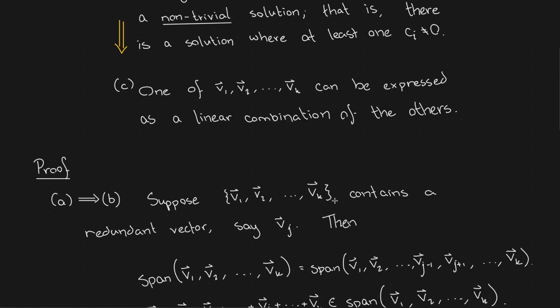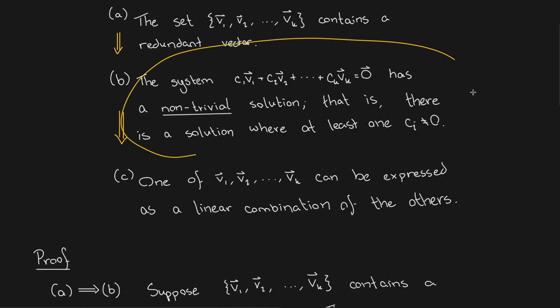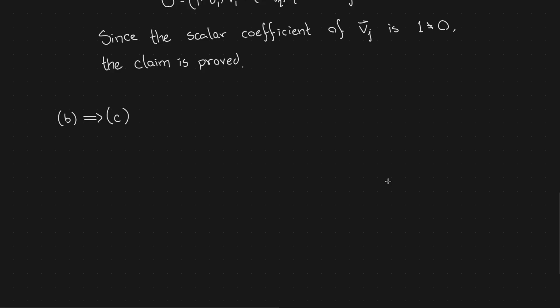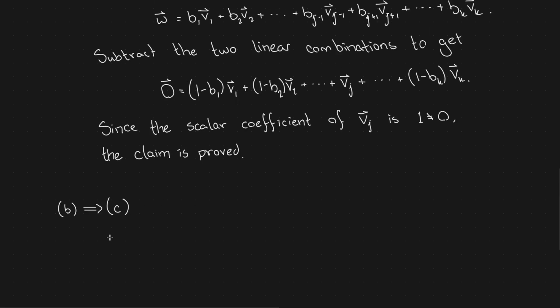Okay? So we're assuming part B here, which is this system has a non-trivial solution. Suppose C1 v1 plus C2 v2 plus dot dot dot plus Ck vk equals 0, the 0 vector, has a non-trivial solution.